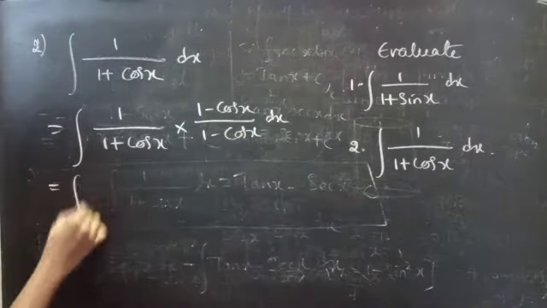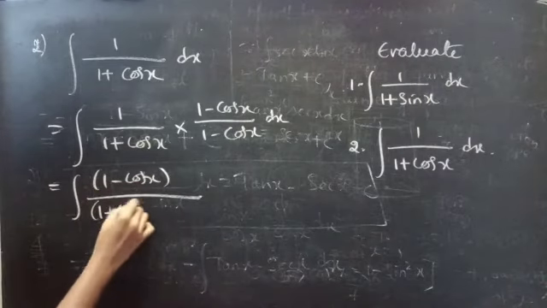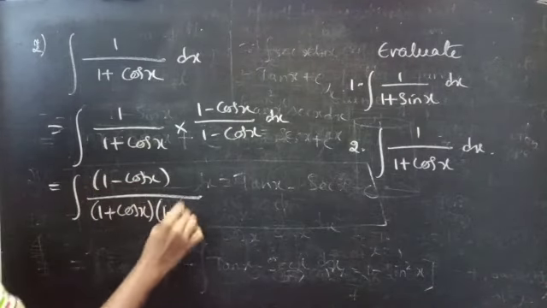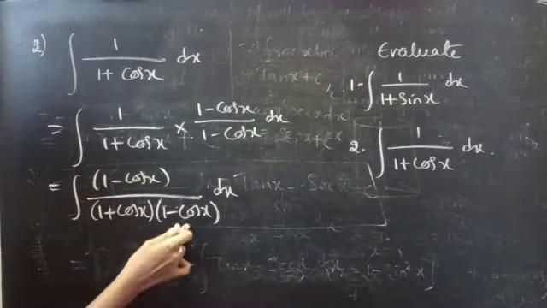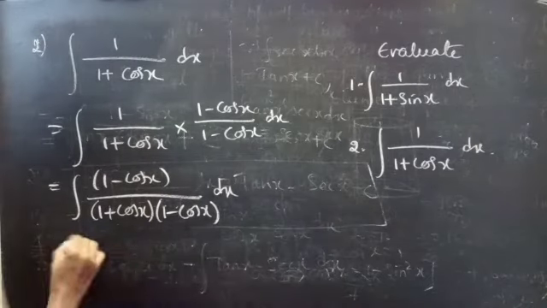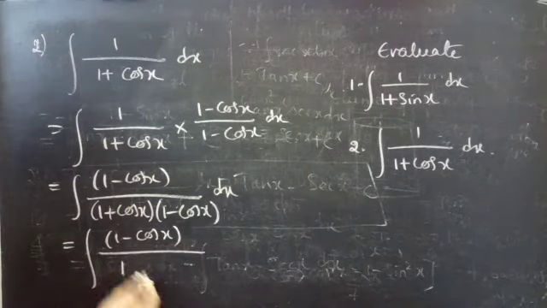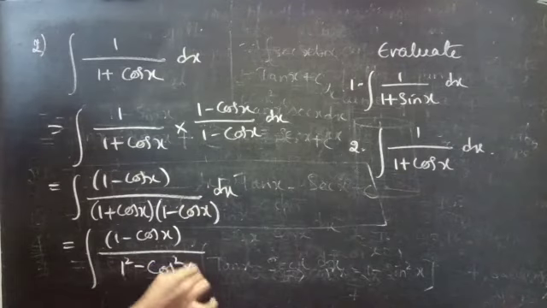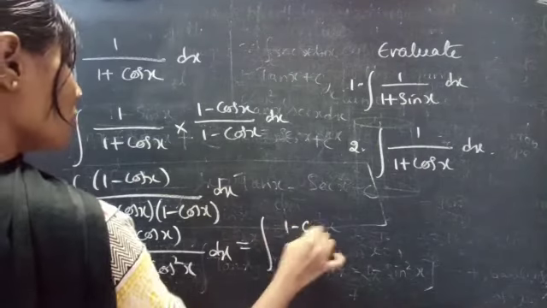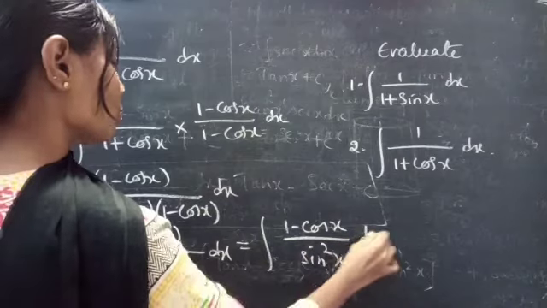So this equals the integral of 1 minus cos x by 1 plus cos x into 1 minus cos x dx. Since this is of the form a plus b into a minus b, this equals the integral of 1 minus cos x by 1 square minus cos square x dx.